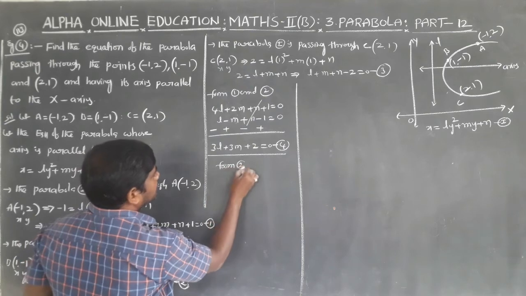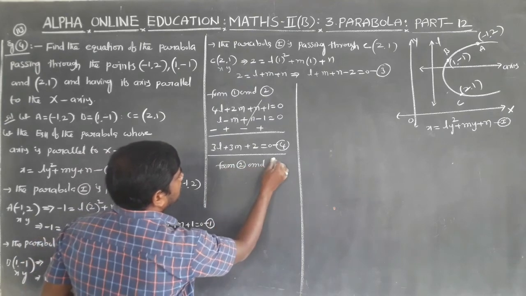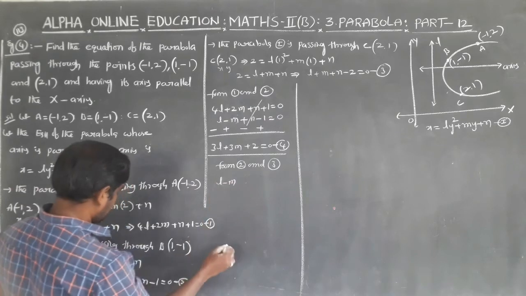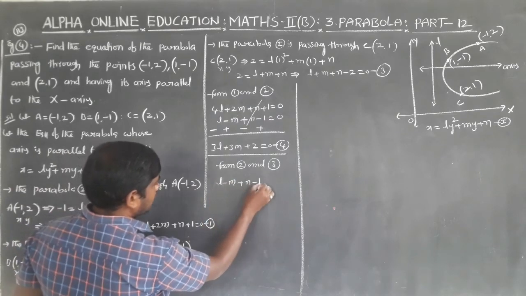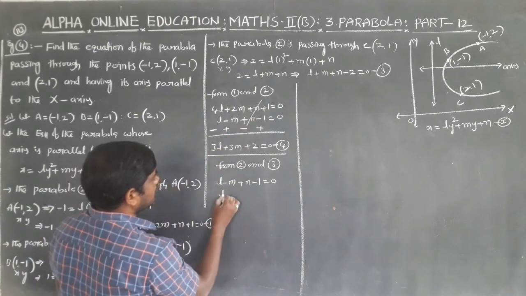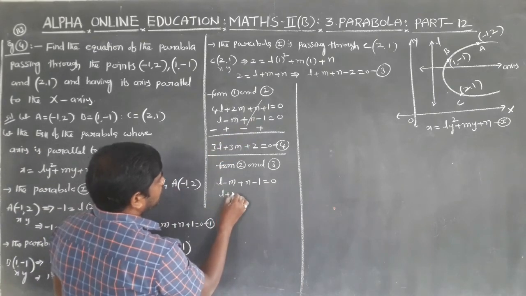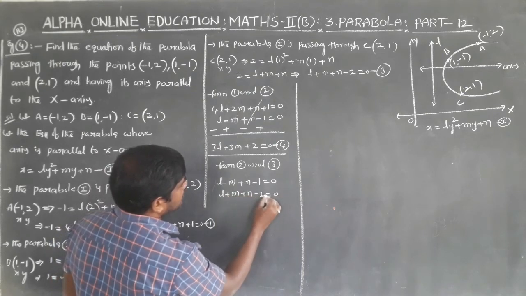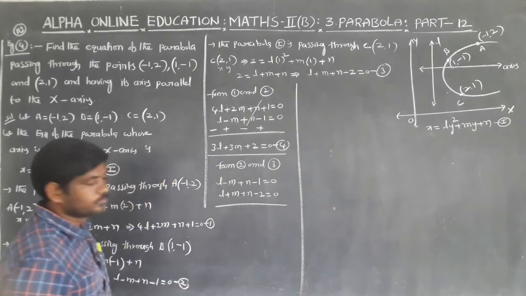From 2 and 3, the second equation is L minus m plus n minus 1 is equal to 0. The third one is L plus m plus n minus 2 is equal to 0.